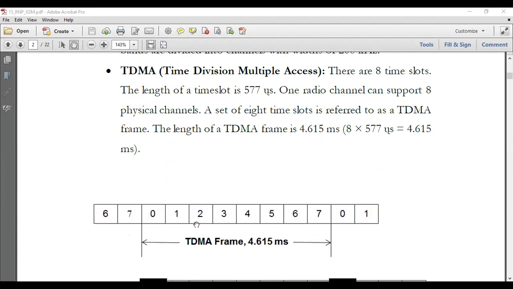The length of these time slots is fixed, 577 microseconds. So the whole frame, after every 8, the whole thing is repeated. If a user is allocated slot number 0, he will get a chance again here.